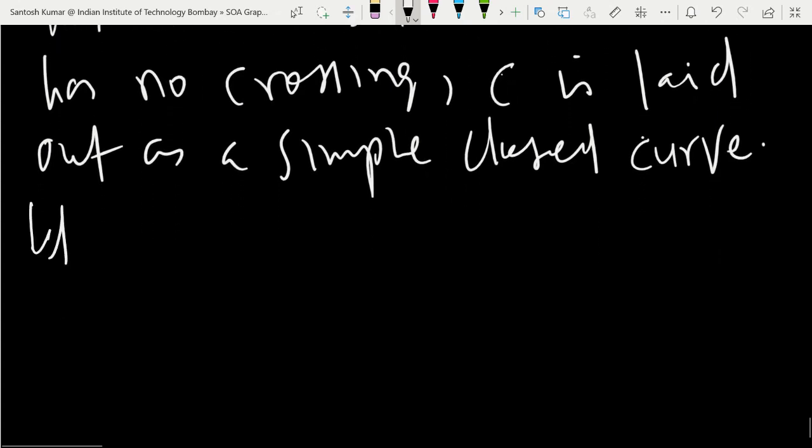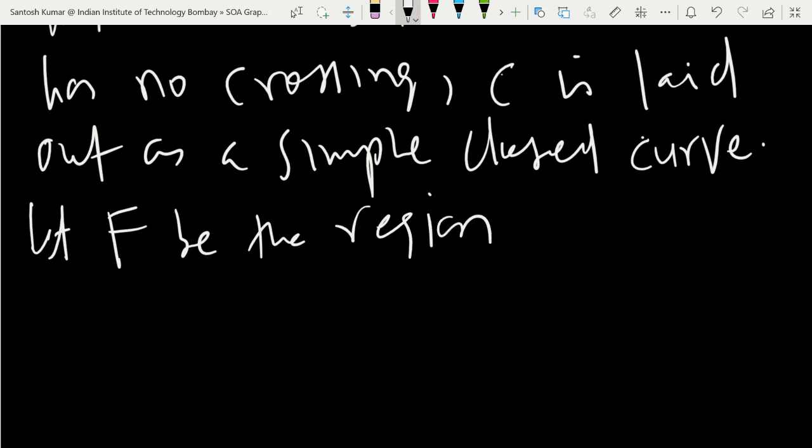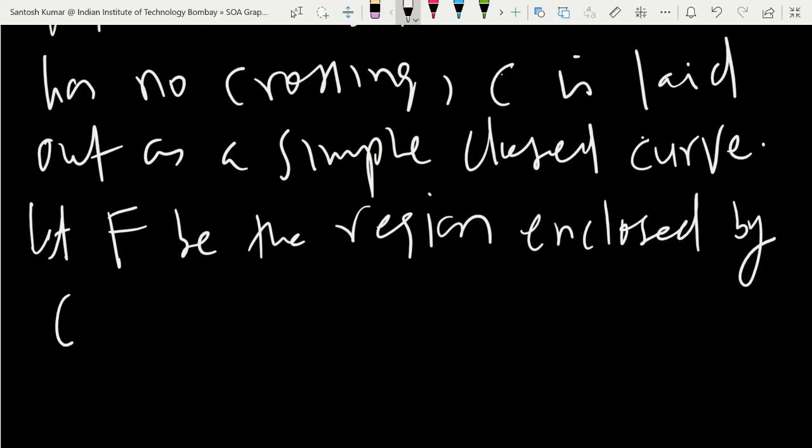And let F be the region enclosed by C. So F is a region enclosed by C, where C is a cycle, a simple closed curve.